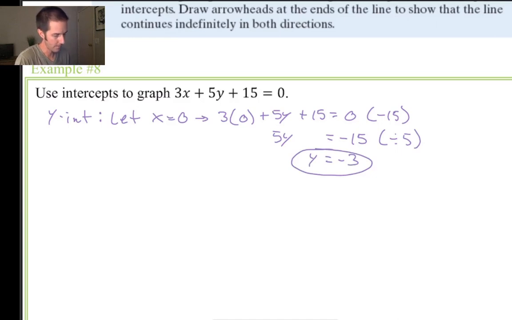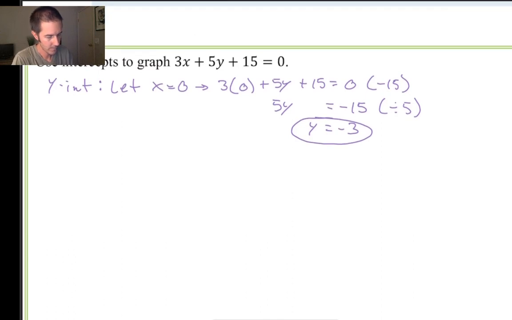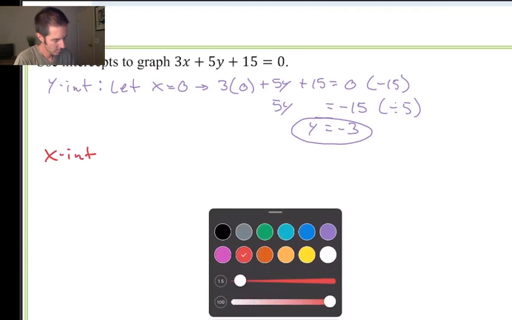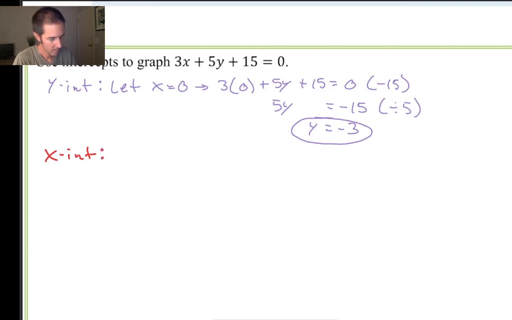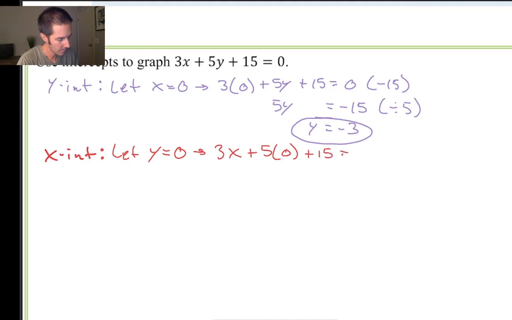Let's do that again. To find our x-intercept, we're going to let, this time, our y value equal 0. 3x plus 5 times our new y value of 0 plus the 15, still equal to 0, bringing the whole equation with us.